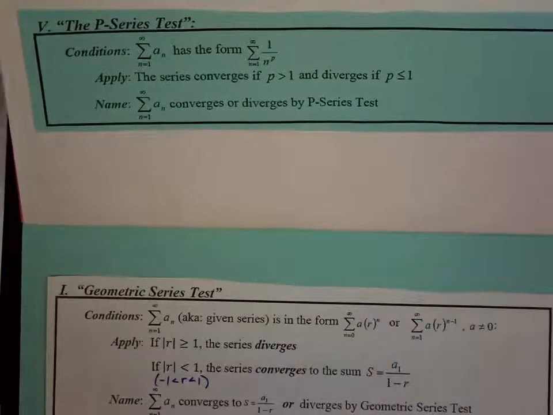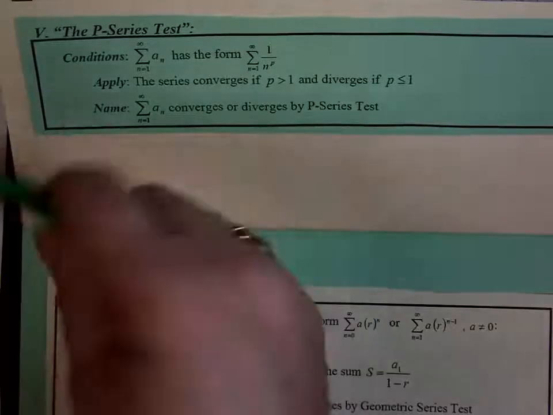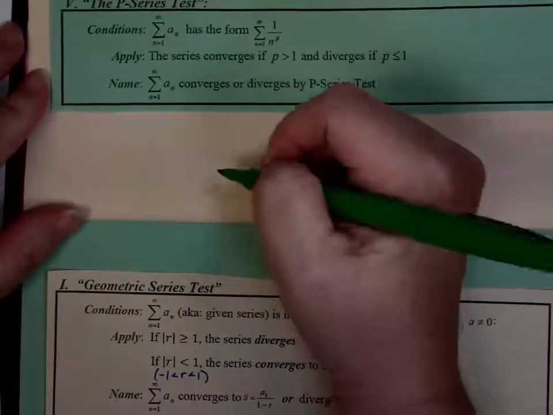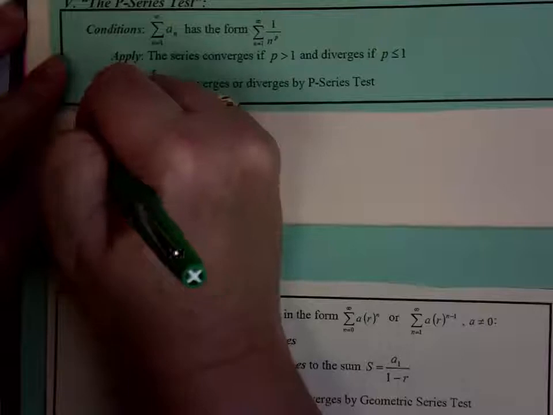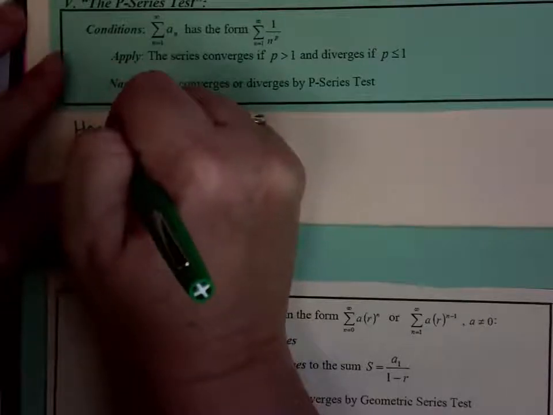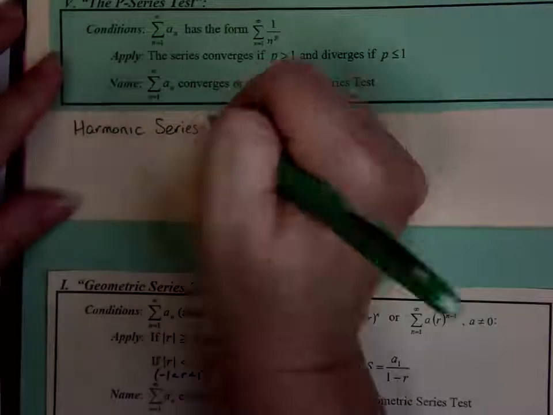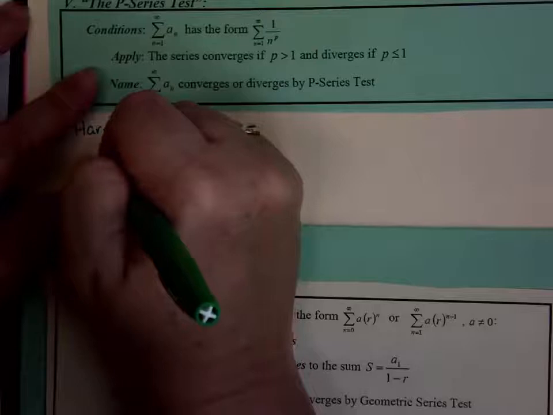Now, we talked also about harmonic, and I don't have a page for that, so we're going to write it in. I'm writing it on the p-series page because it is a p-series. It's just a special type of p-series. So write harmonic series. You can call it either one. You can call it harmonic, or you can just call it a p-series.